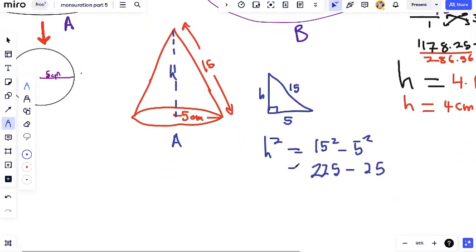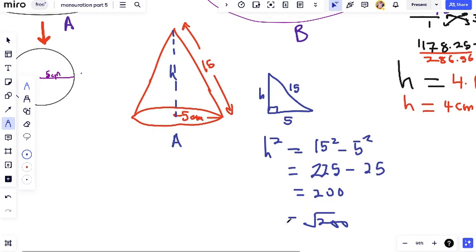So this is h squared, and to find h we find the square root of 200. What's the square root of 200? It is 14.14.